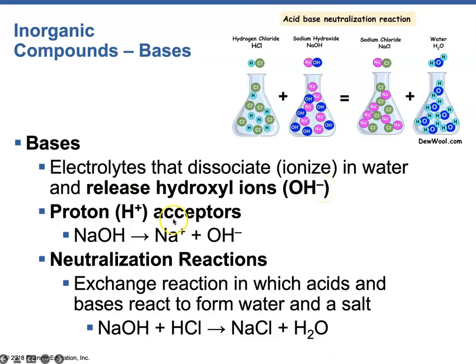So we have this base that is called sodium hydroxide. When it breaks apart, it becomes sodium and a hydroxyl ion. So we have a cation and an anion when these guys break up. Sodium hydroxide is a very, very strong base because it dissociates 100% into sodium and the hydroxyl ion. So that's what you have here. This is your sodium hydroxide.